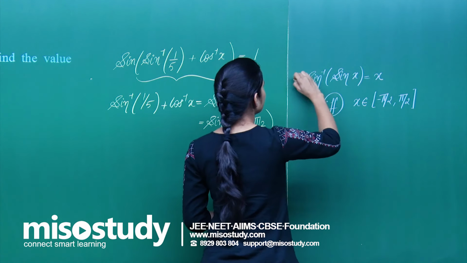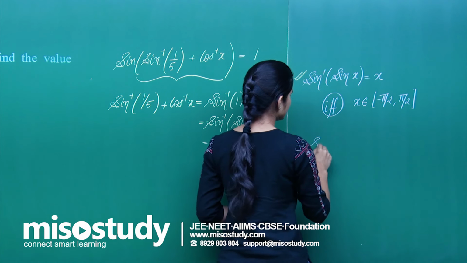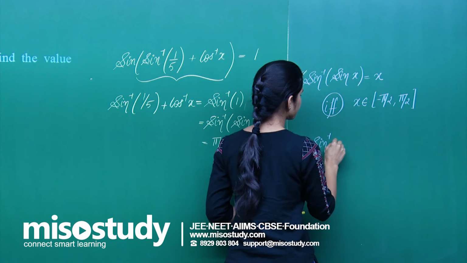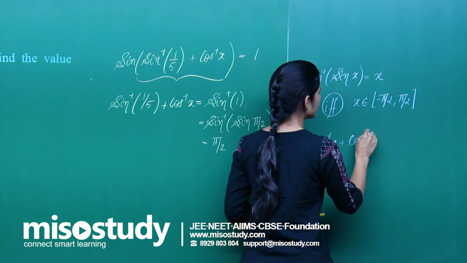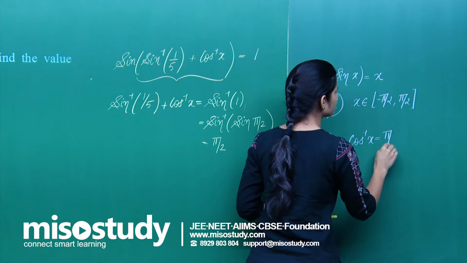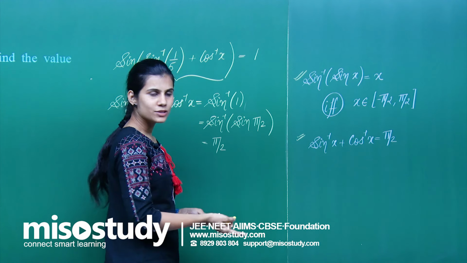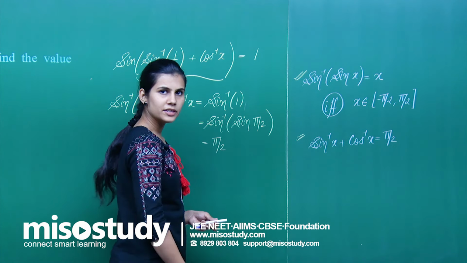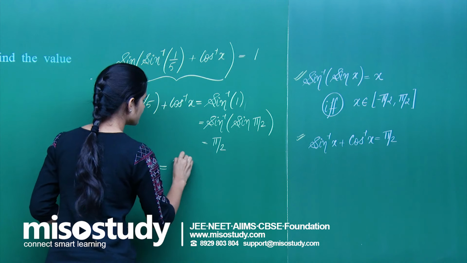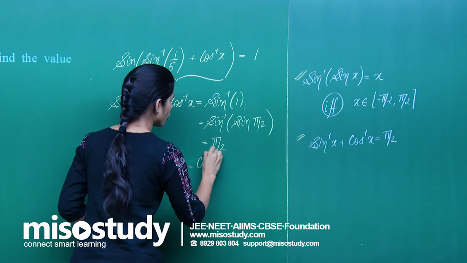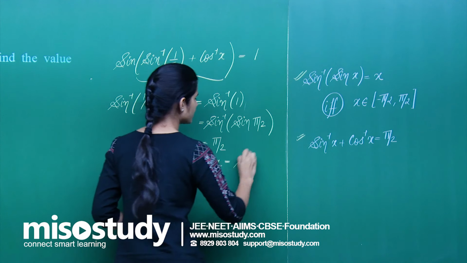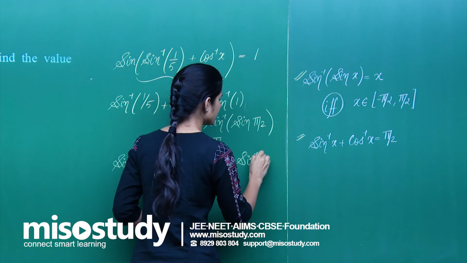Another thing that we are aware about is that sine inverse x plus cos inverse x is pi by 2, right? And therefore pi by 2 minus cos inverse x is sine inverse x. So I can say sine inverse of 1 by 5 equals pi by 2 minus cos inverse x, but pi by 2 minus cos inverse x is sine inverse x.